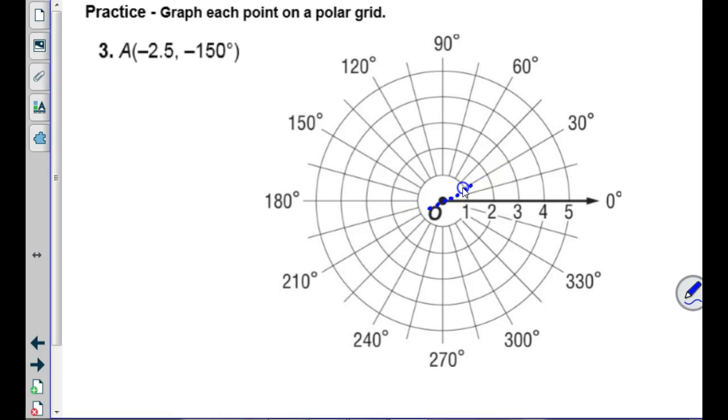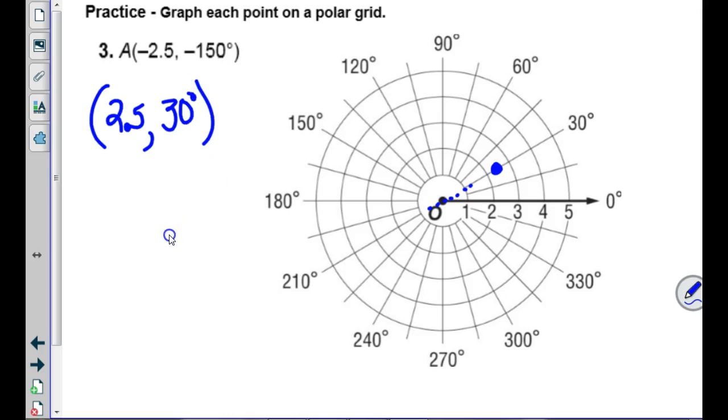And I'm supposed to go back 2.5. 1, 2.5. So another name for that, 30. Oh, that's not what I wrote though. 30 degrees and 2.5. And I already have Kelsey convinced that the order should be angle first.